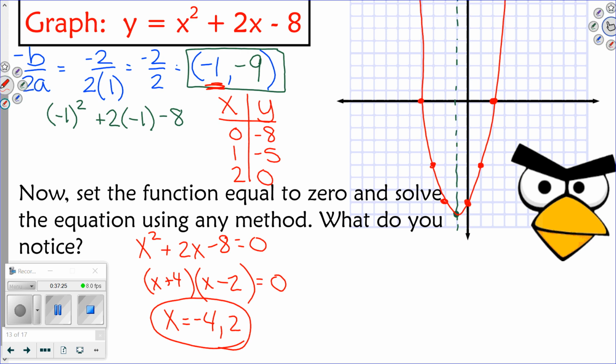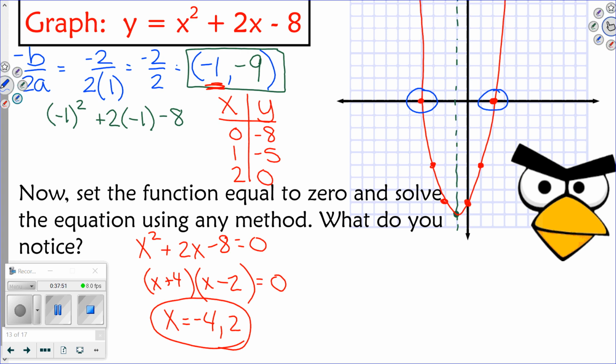How does me solving that go with the graph at all? I solved for x, correct? Look at your x-axis. Where did it cross the x-axis? -4 and 2.